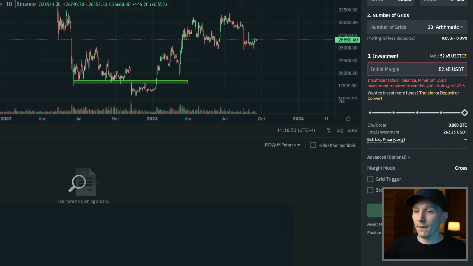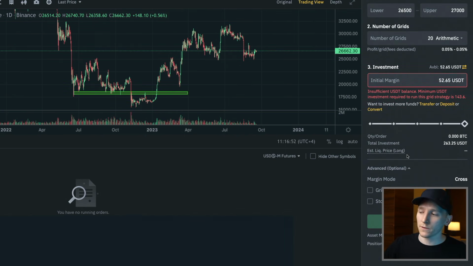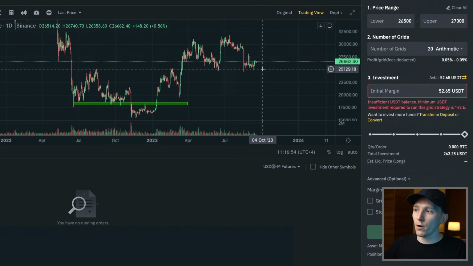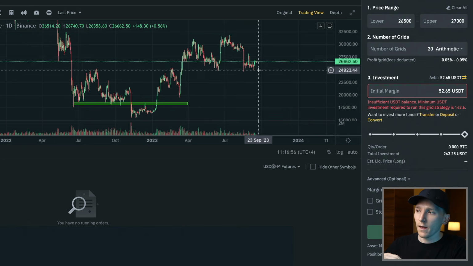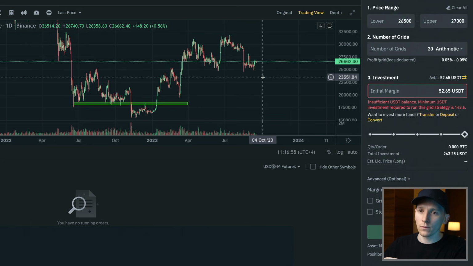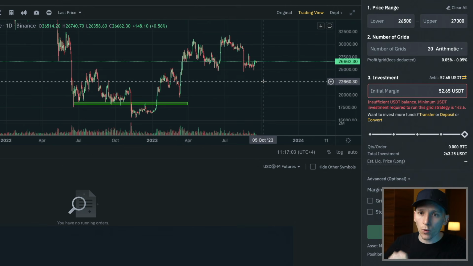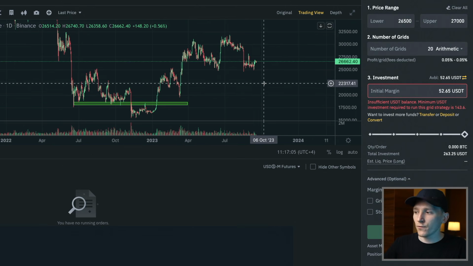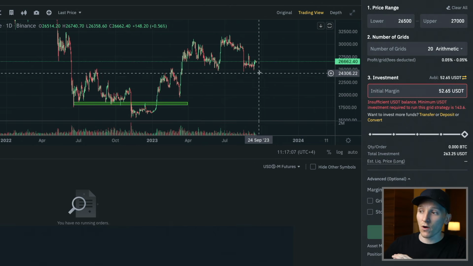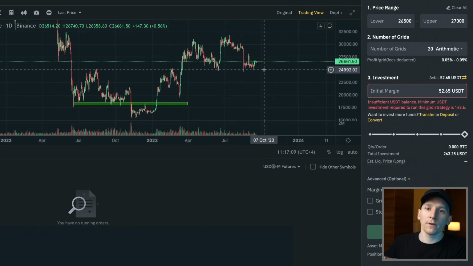Now, you can't make any bad debts on Binance, or at least you shouldn't be able to. So let's say you have a bot between 25 and 27, and the price is at 24. If you're using leverage where you're liquidated below the lower bound, that's fine. If your liquidation price is very, very near to the lower bound, then you're probably taking too much leverage and too much risk, right?